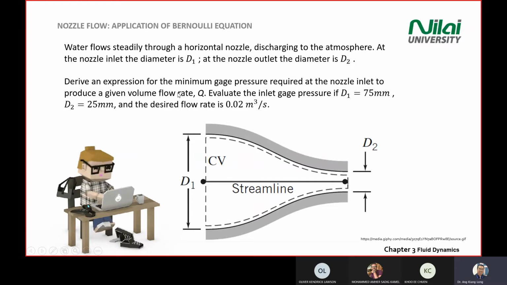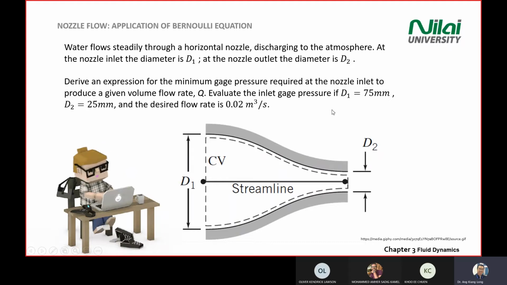Derive an expression for the minimum gauge pressure required at the nozzle inlet, which is here, to produce a given volume flow rate Q. Our desired flow rate is 0.02 meter cube per second. Q is the volume flow rate, and the equation is Q equals VA, velocity times area.